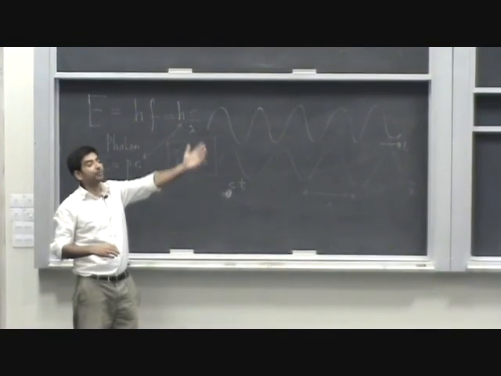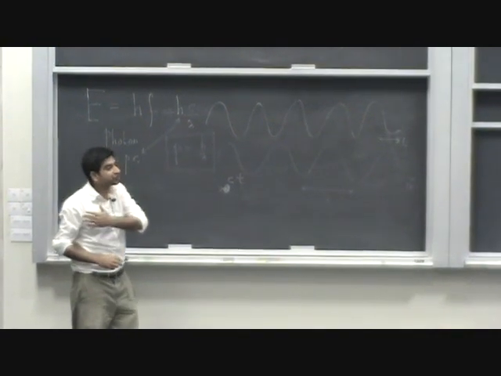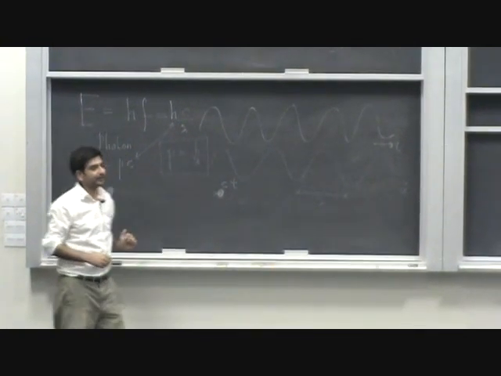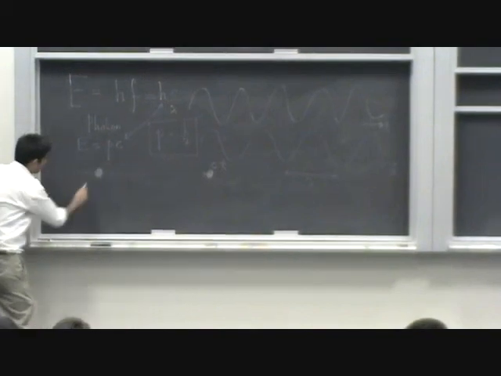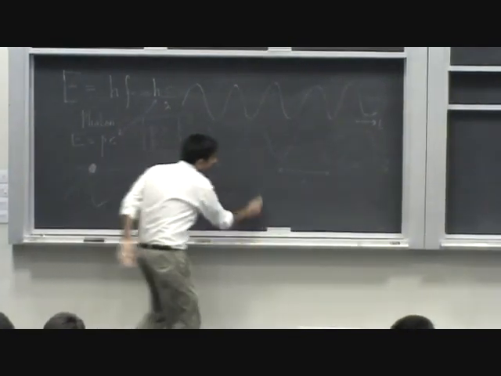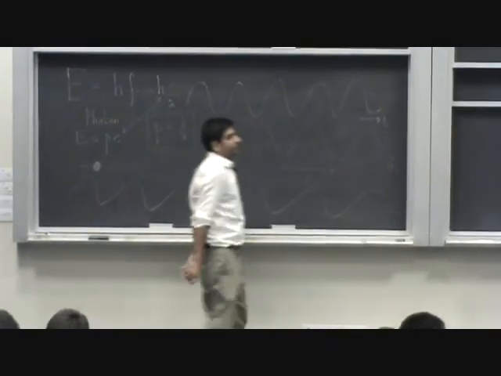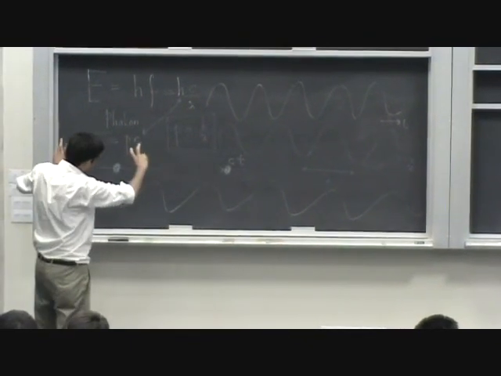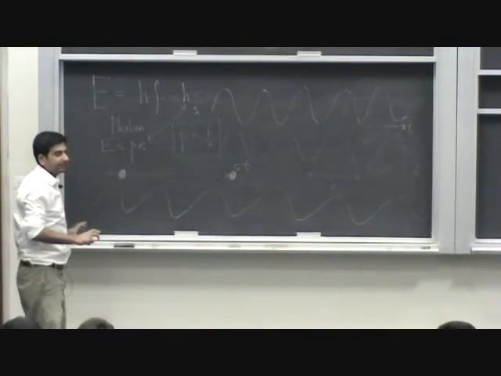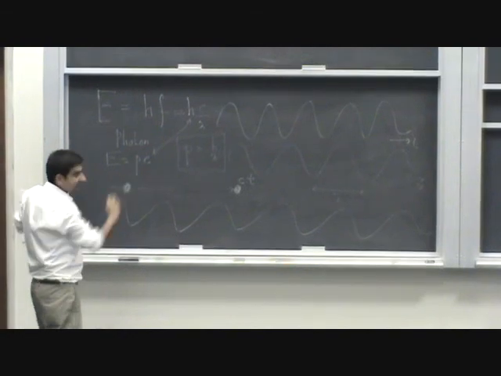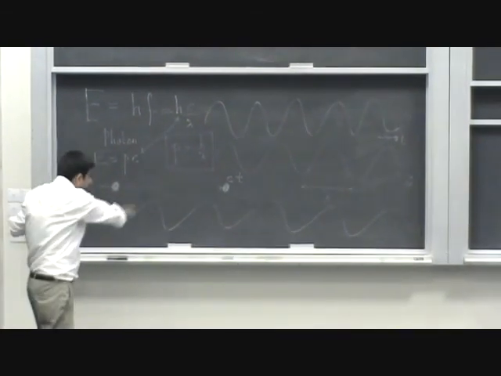But when we talk about a wave that is traveling in space, the picture that we draw for a wave is something like this. You have a camera, and suppose that camera can capture waves. The camera takes a picture, it captures a wave.